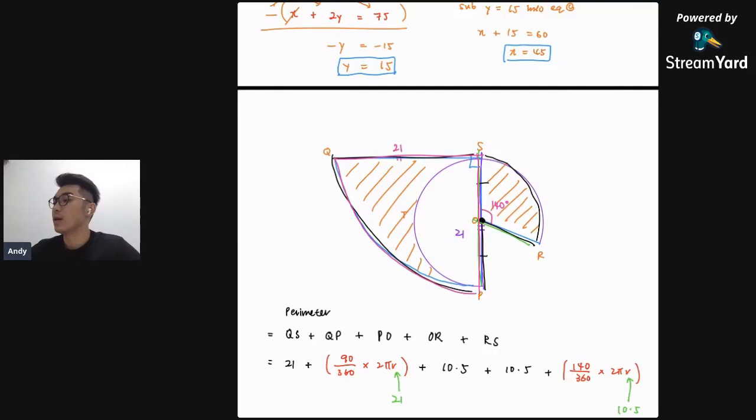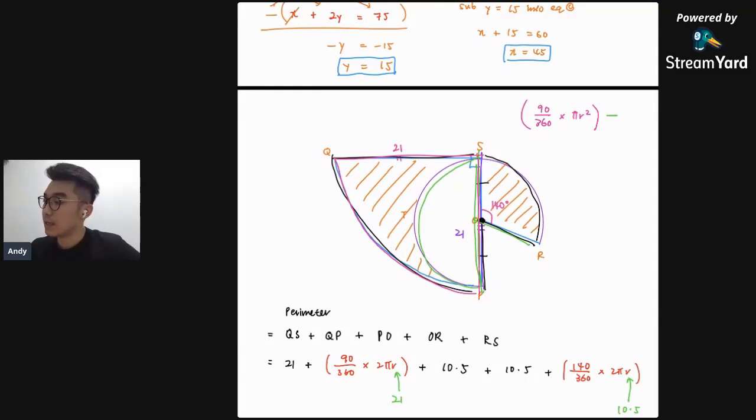To find the quarter, we do 90/360 times pi r squared. And the r is 21, right? So we get the entire thing. And then we have to minus out this very special column. We have to minus this entire thing out.